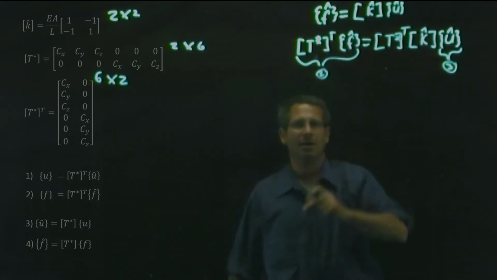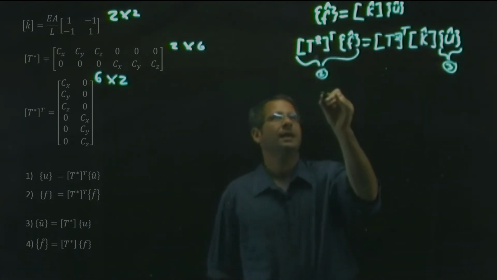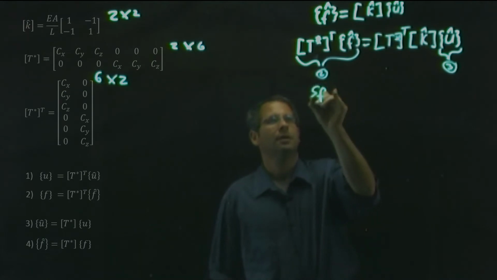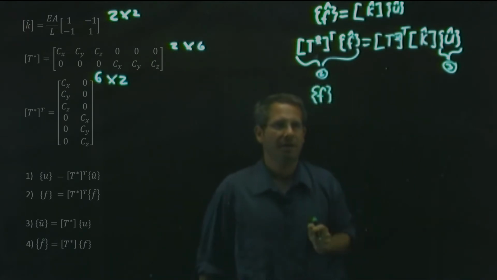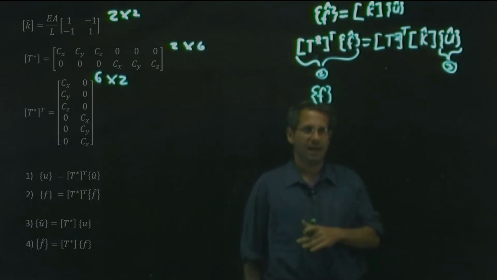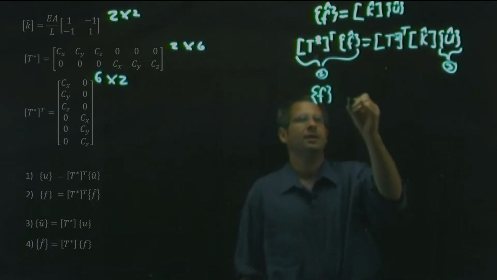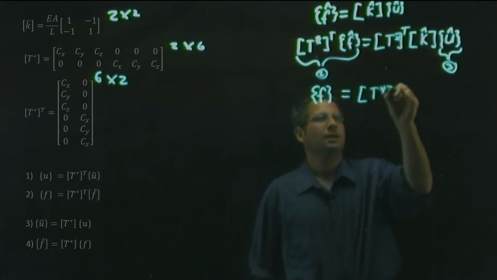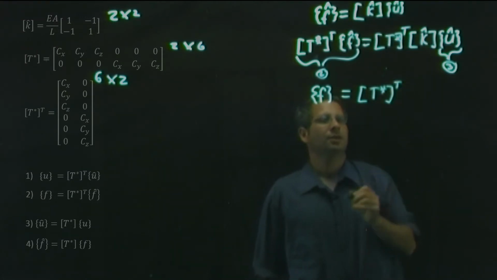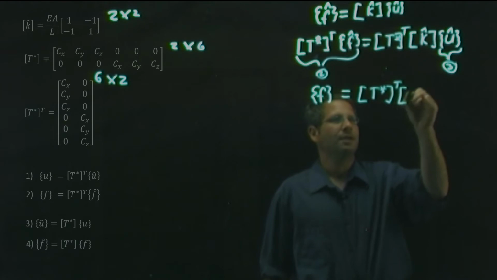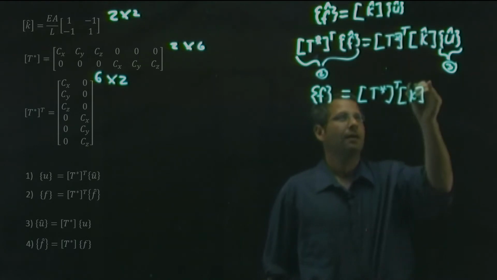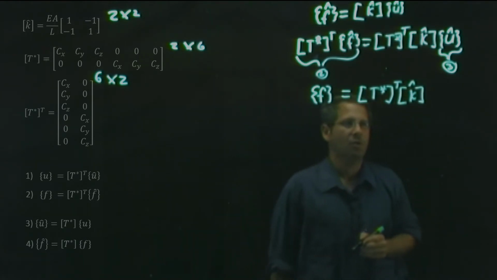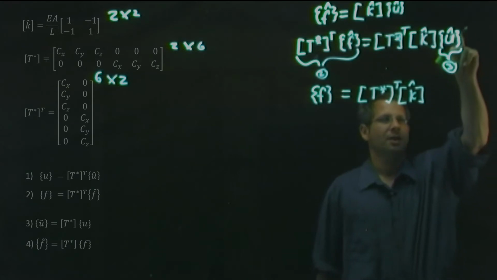So this, according to equation number 2, is equal to F, the force vector in the global coordinate system, is equal to T asterisk transformed times K hat, local coordinate system, times U hat.